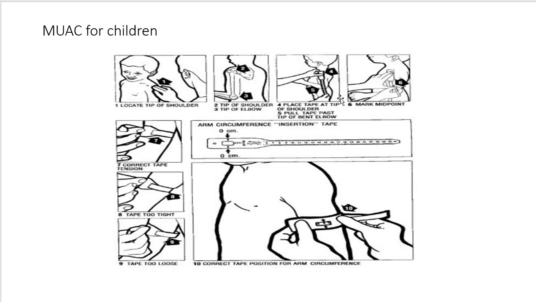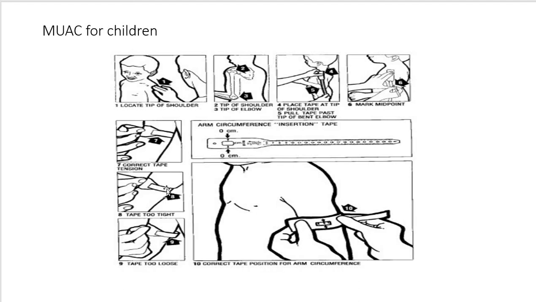In the fourth and fifth, they are marking the midpoint. The sixth picture also marks the midpoint, and in the seventh picture we can see the correct tape tension. Tape tension means one should not stretch the tape much. In the eighth, the tape should be a little bit tight, but it should not be too tight and it should not be too loose either.